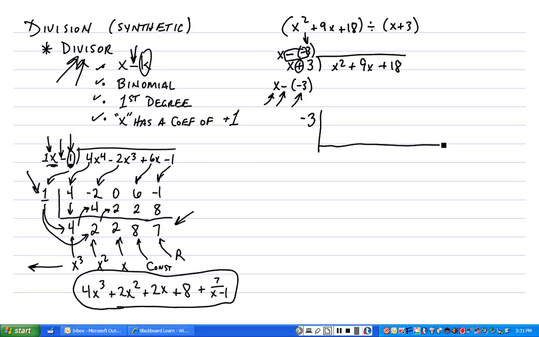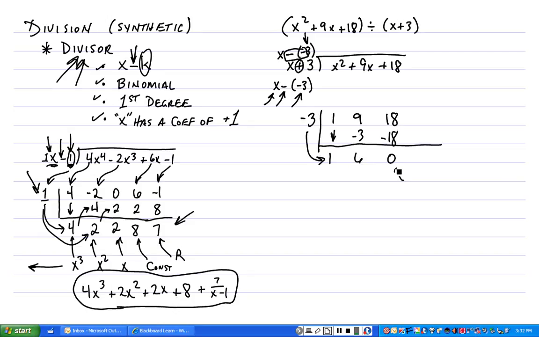Okay, and then write my numbers. Well, this is x squared, so that's 1x squared, 9x, and 18. Bring my first number down. There's my 1. Negative 3 times that, so negative 3. That's 6. 9 minus 3 is 6. Negative 3 times 6 is a negative 18. That gives me 0.